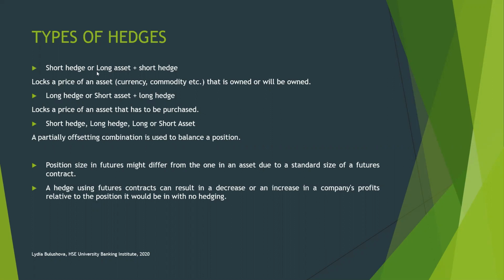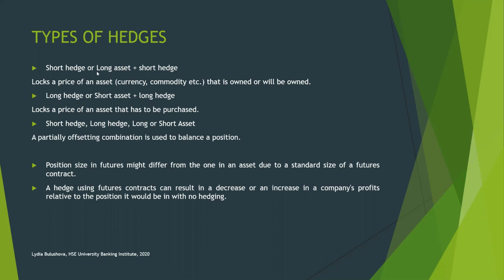We call a long hedge a construction that is built out of a short asset and a long hedge. Short asset means you owe a stock or you owe a commodity. Long hedge means that you go long a futures contract.